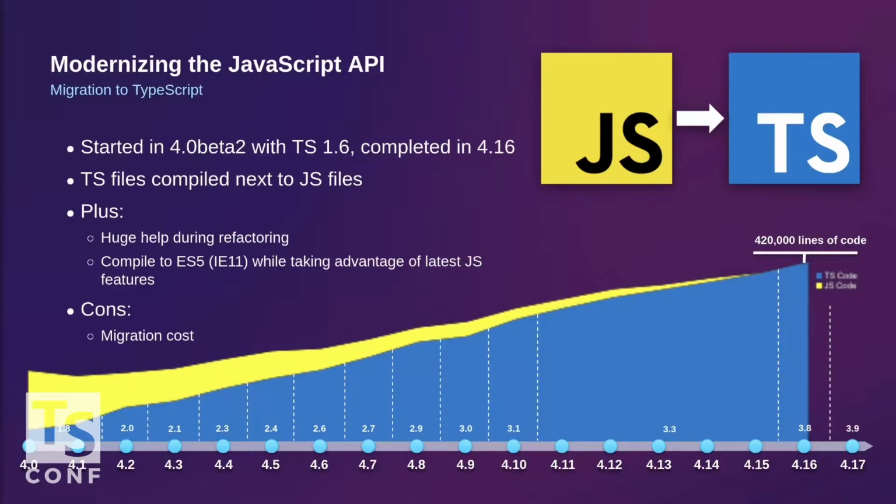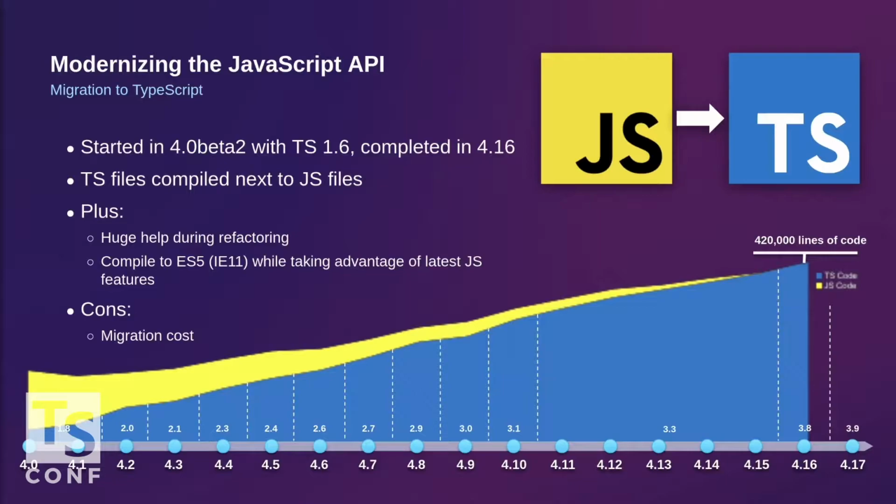The way that we do it is that we take our TypeScript and compile everything down to JavaScript files. There are a few pluses to using TypeScript. One of those is the fact that we can do very large refactors efficiently.